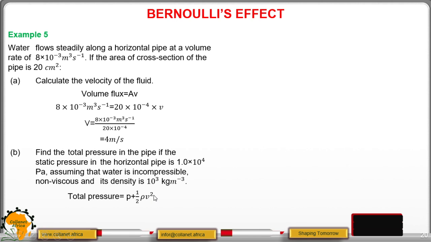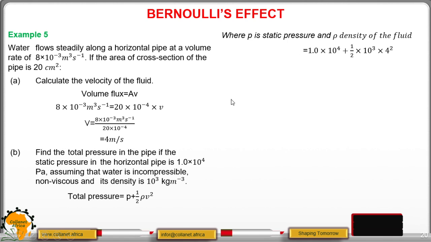We will not have elevation, where P is the static pressure and rho is the density of the fluid. Therefore, we add the static pressure, which is this one, plus the dynamic pressure, which is given by this. So if you add the two, you will get 1.8 times 10 raised to power 4 pascals.